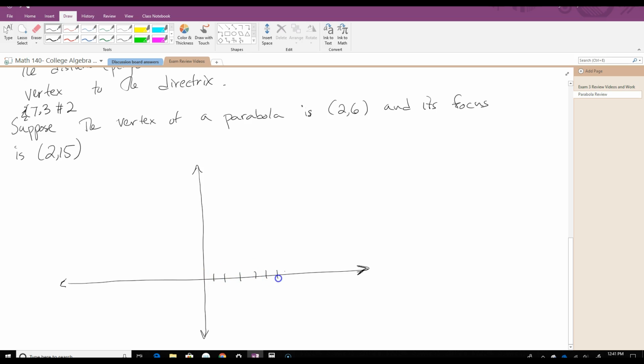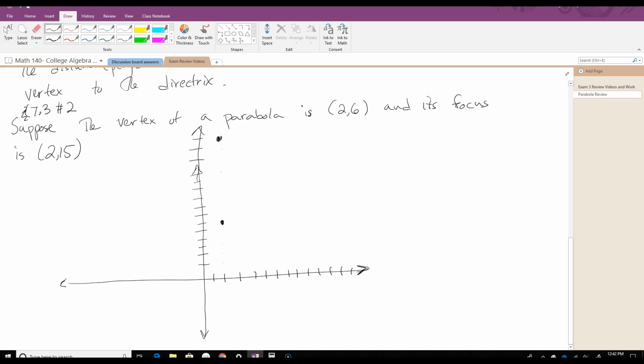So I've got this thing here. Let me draw my graph. My vertex is going to be at (2, 6), and my focus is going to be at (2, 15), up here.